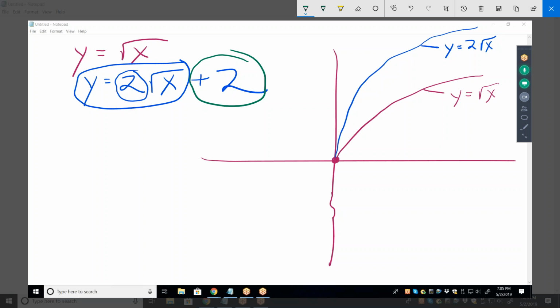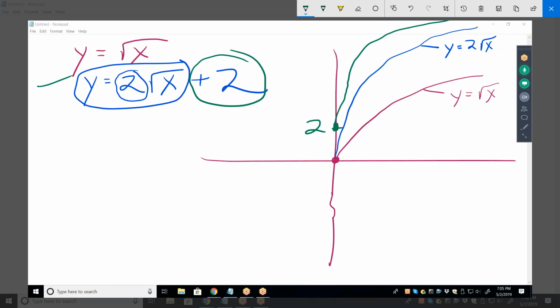All it does is move it up 2 units. Precisely 2 units. So instead of beginning at the origin, I'm going to begin right there. And the curve is going to be identical to the blue curve, only 2 units higher. So the green curve is this function.